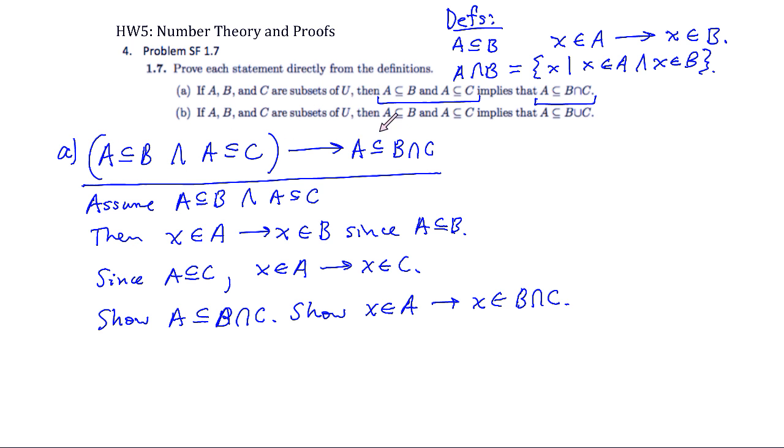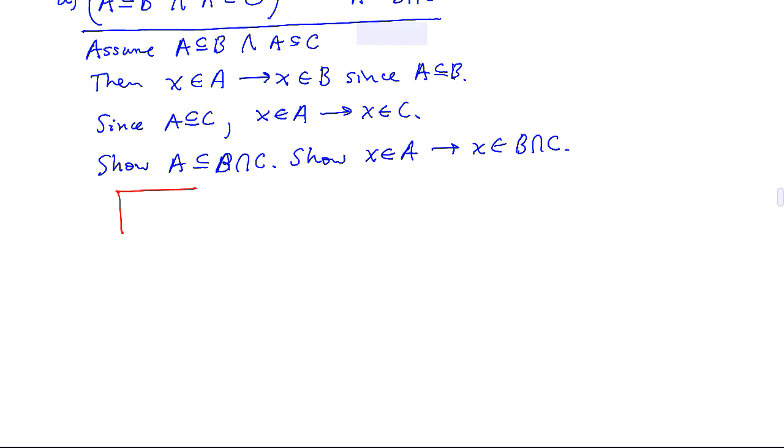Now this conclusion itself is equivalent to this if-then statement. So we have a new if-then statement we're proving, and we're going to prove it as a sub-proof, you could think of it as.